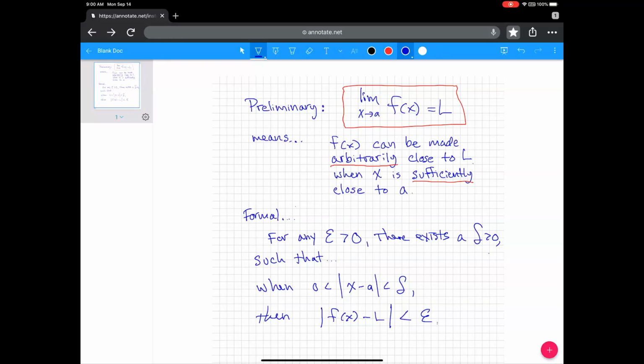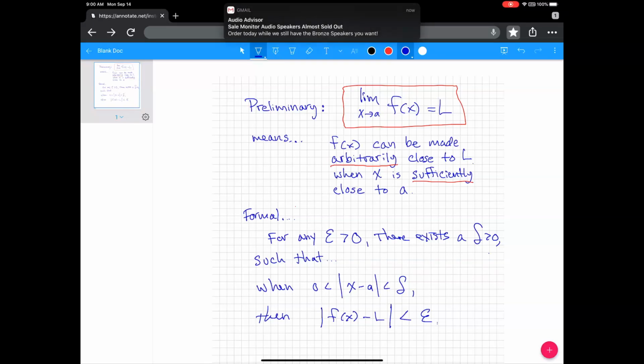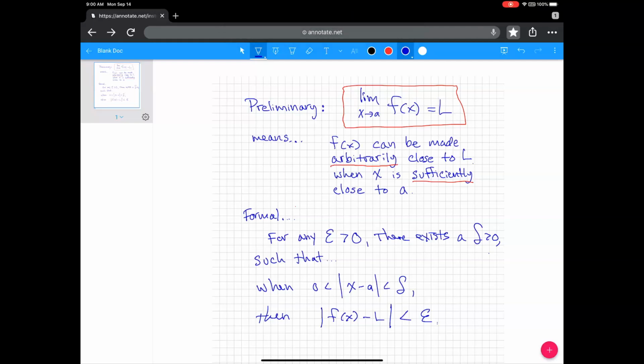So the definition would then say for any epsilon greater than 0, and the implication is no matter how small that is, there exists a delta greater than 0, and the suggestion is that that will be very small in response to epsilon, such that whenever x minus a is less than delta, when x is close enough to a, less than that sufficiently small number, then that forces the difference between f of x and L to be less than epsilon.